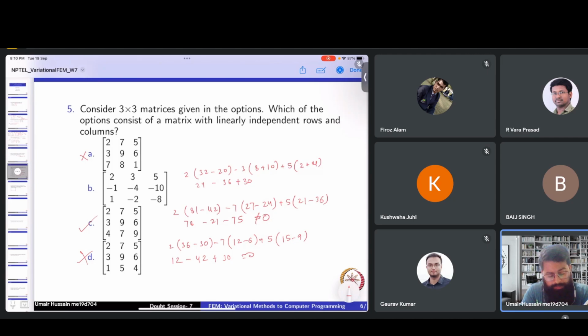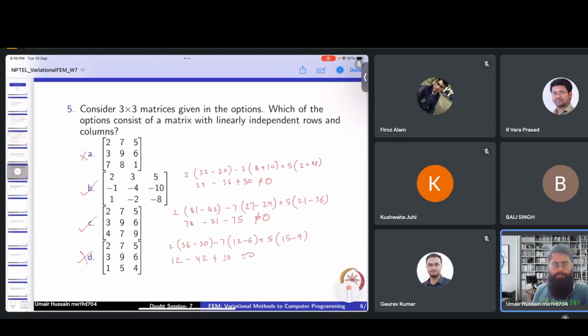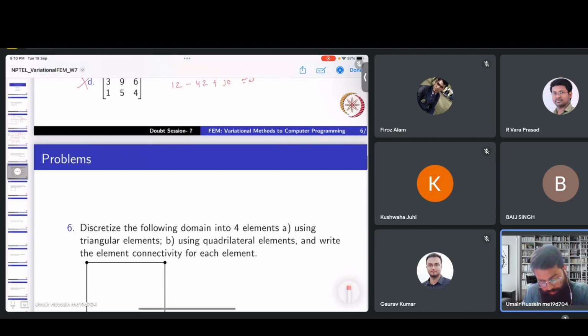I hope I did it right. Yeah, this is also not 0. So this is also right. Okay. So I hope I did it correct. If there's anything, let me know. Okay, so move on to the next problem.